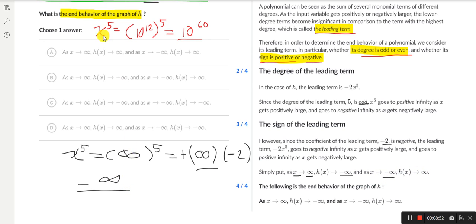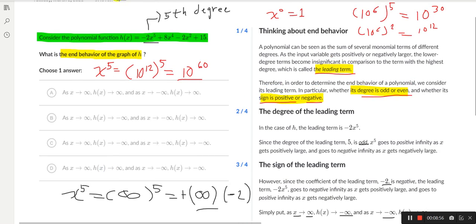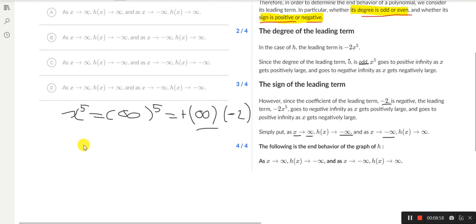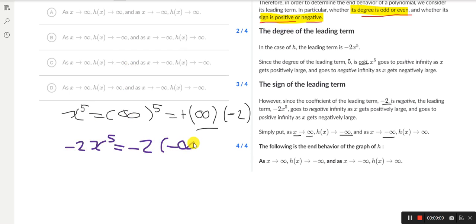Because in the second part, let's really think about the leading term. If you have this negative 2 and you substitute a negative infinity, just think about the signs really. Remember that an odd exponent will give you a negative number. And so negative times negative is positive. So you end up with positive infinity.